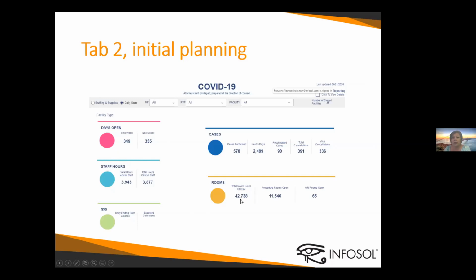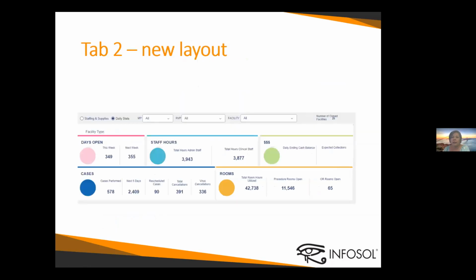And then their rooms, how many procedure rooms did they have open, and how many OR rooms did they have open? So they gave us these additional metrics that they wanted to include on the second tab. And so we started looking and seeing how much information we had in each group, and then got some input again from the design team to modify the layout here and put them in a very similar layout to the first tab, which helped with consistency as well.